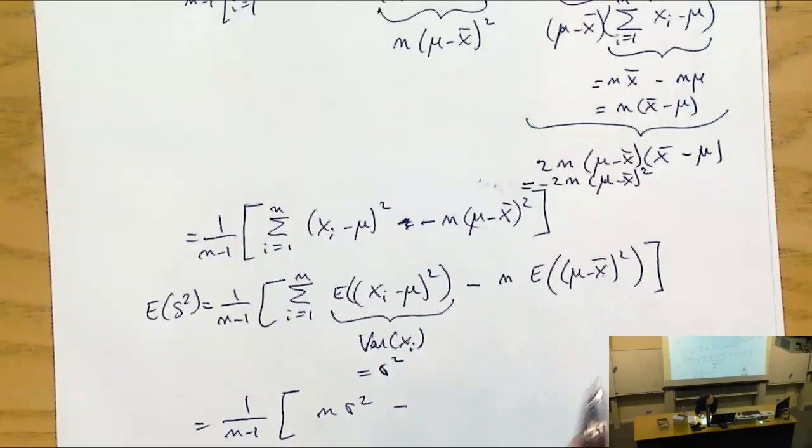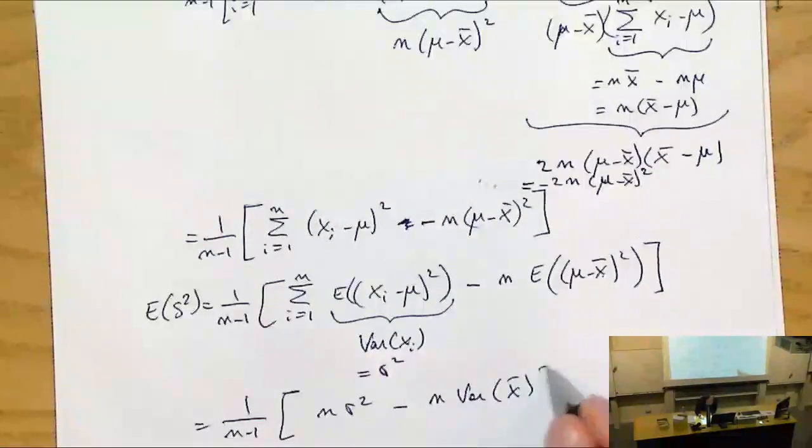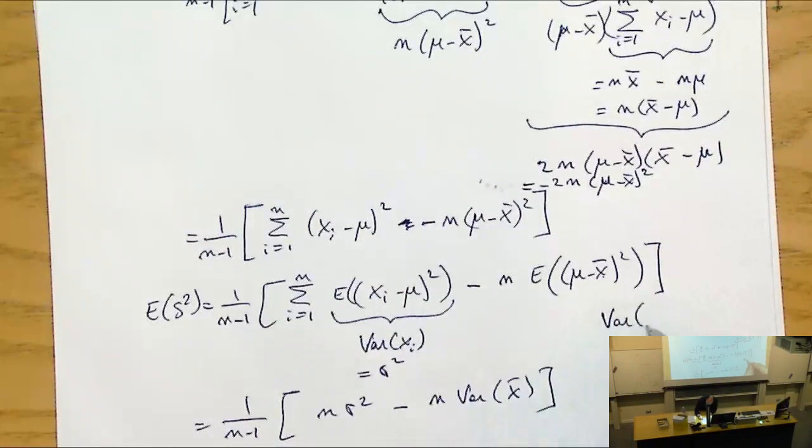This is the variance. This is n times the variance of x bar, right?